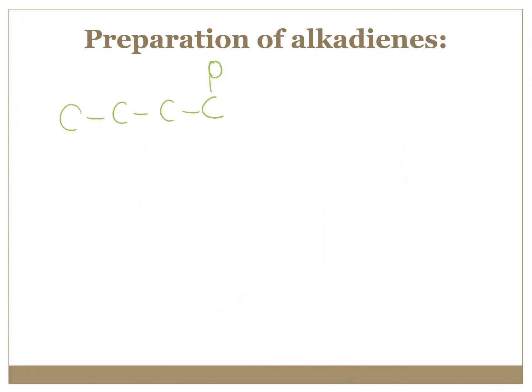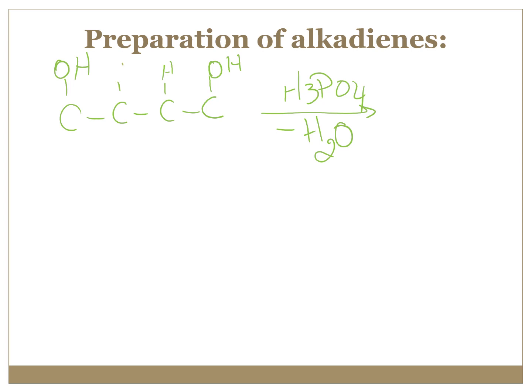You place an OH on both terminus, on the peripheral carbons of the compound, and you use phosphoric acid. You use the phosphoric acid, which is stronger than the sulfuric acid in removing water, to remove two molecules of water and produce two double bonds. So now you have the first double bond and then the second double bond.